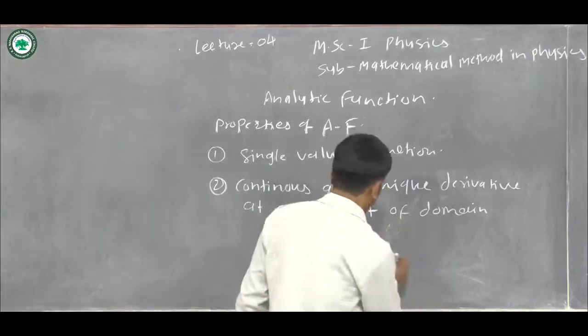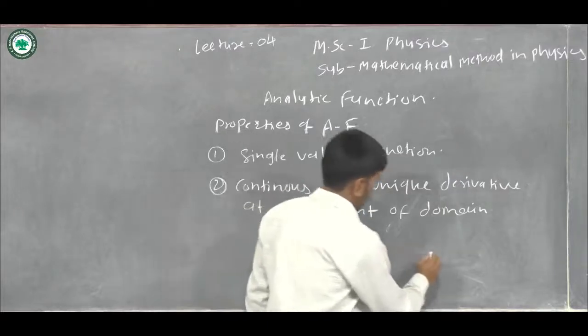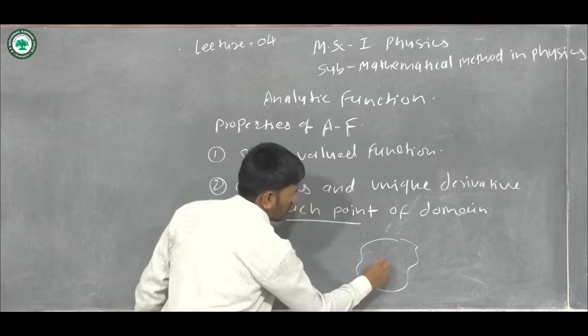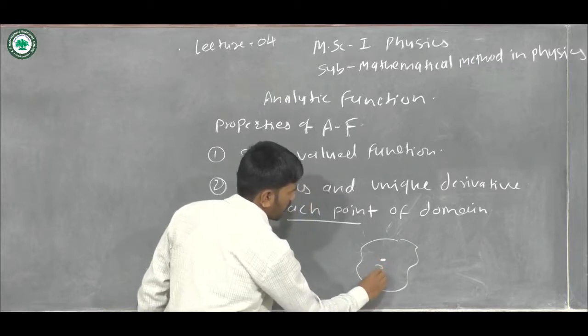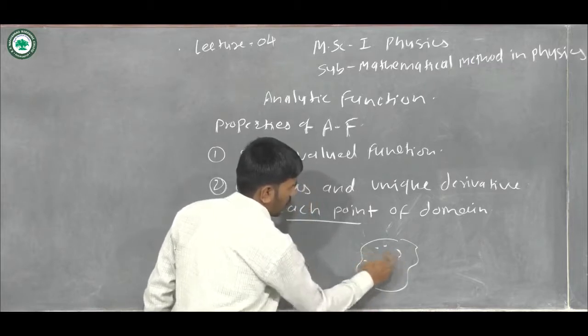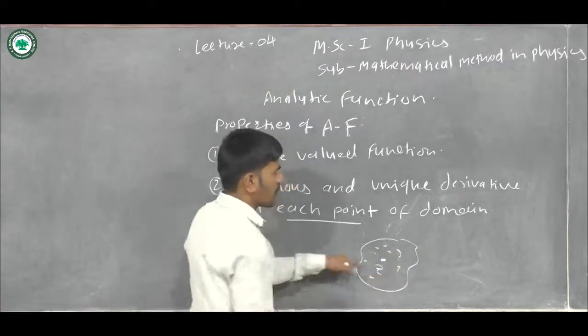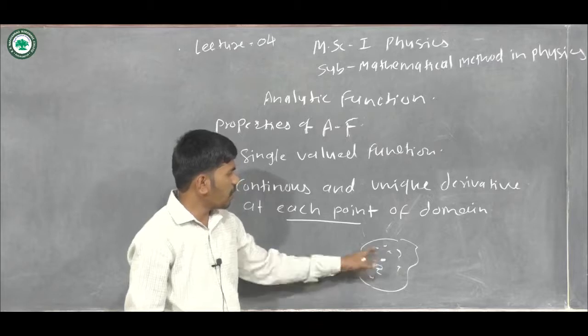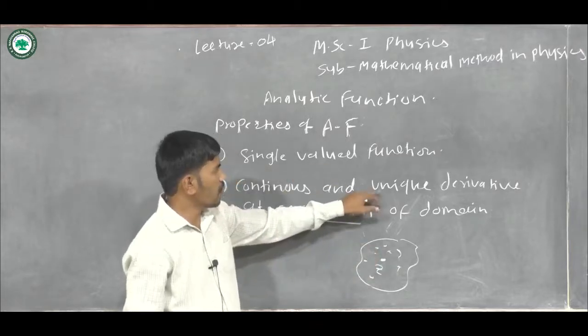Suppose this is the domain, and here is one point, z naught, and other points are present in the neighborhood of this z. At this point also this function has a unique derivative.